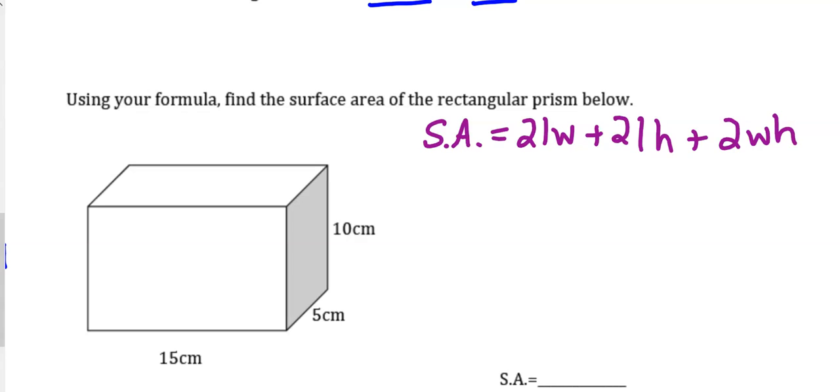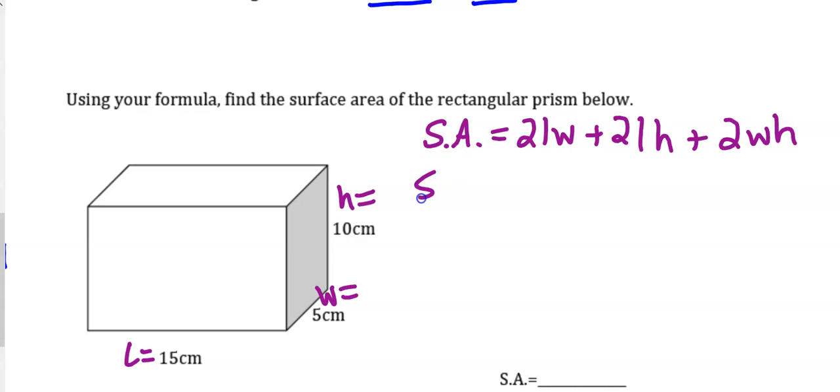So what would be really good to do is to go and label our shape. So this is going to be our length, 15 is equal to L. Our width is going to be equal to 5, and our height is going to be equal to 10. And we're simply going to plug in the numbers.